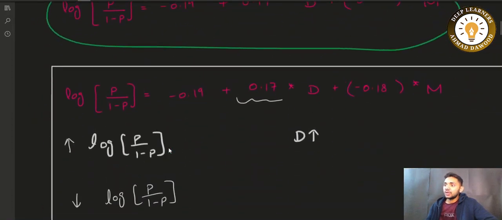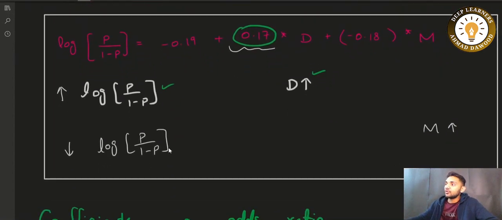Now if your duration will increase, your log of odds will increase because it has a positive coefficient. If your duration increases, 0.17 will be multiplied with the change in duration, which is an increase, so there will be a positive change. When you multiply the positive change with 0.17, it will positively increase your log of odds.